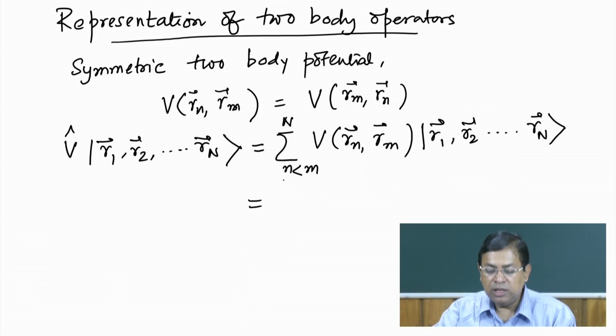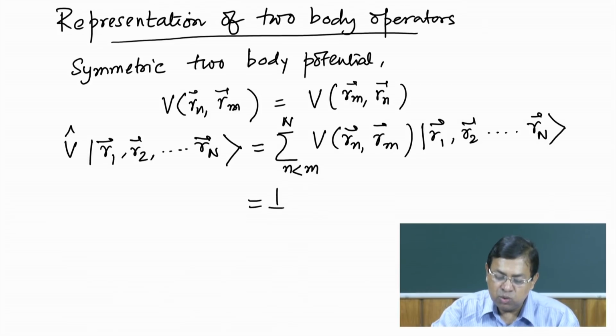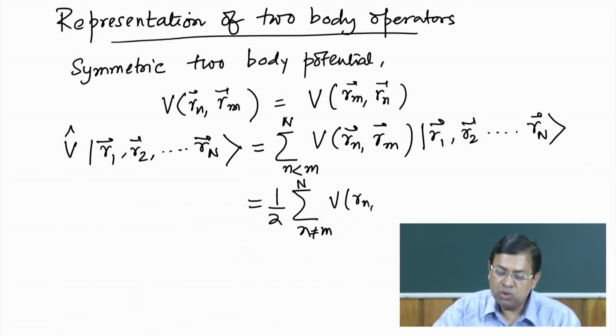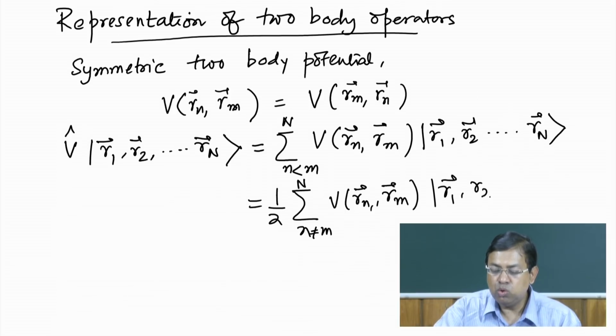However, it is difficult to keep track of these indices, one being less than the other. So, it is easier to introduce a factor of half and write this as n not equal to m, and it goes like this. So, this is my representation of the two body operator.